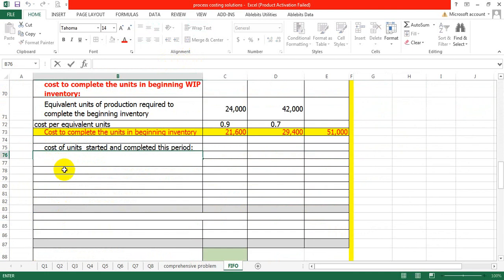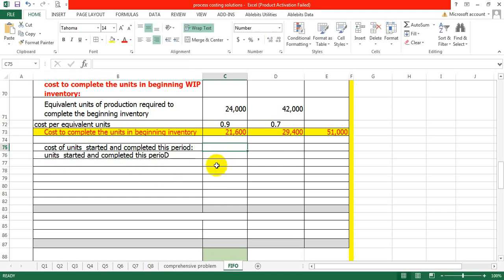Units started and completed this period is 4,40,000. We have already calculated this value, so we will take these units.